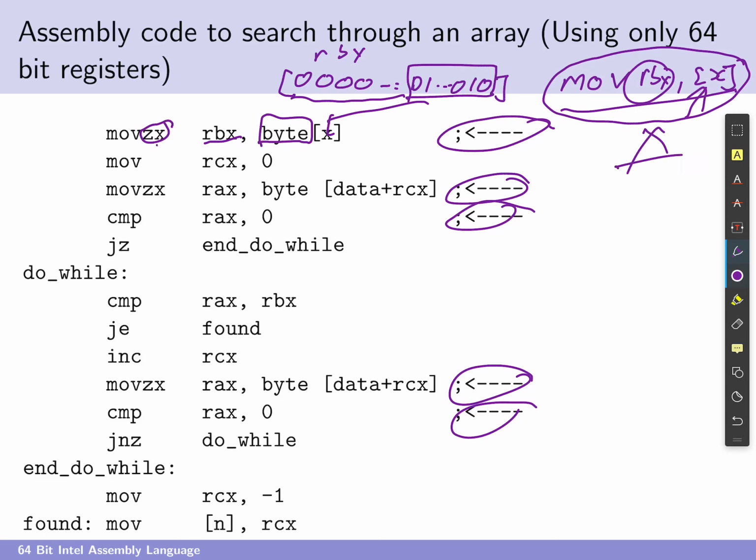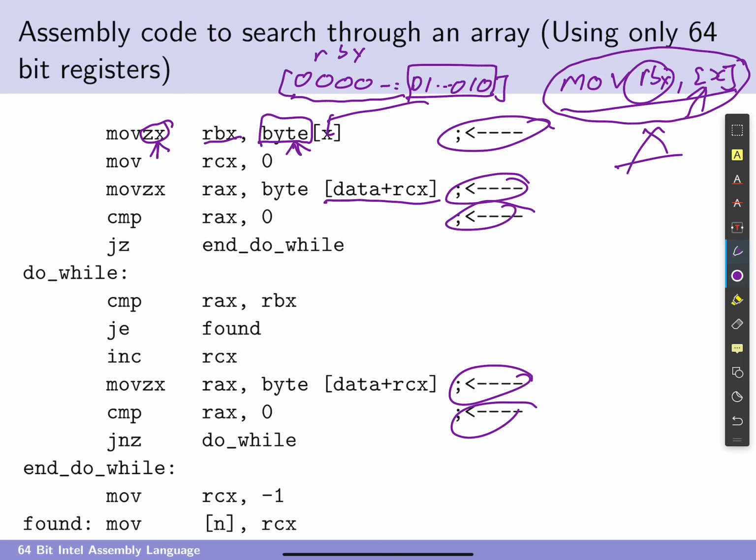If you want to just move in 1 byte and you want to move it into a 64-bit or an 8-byte register, you need to use this 0 extend in the case of it being an unsigned number like a character, and you have to specify the size byte. The same thing applies in all of the places where I did a move using just a byte. So here, I wanted to extract a singular byte from my data array, which was my character array in this case.